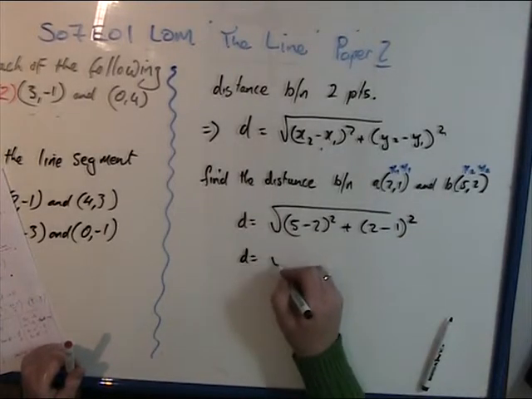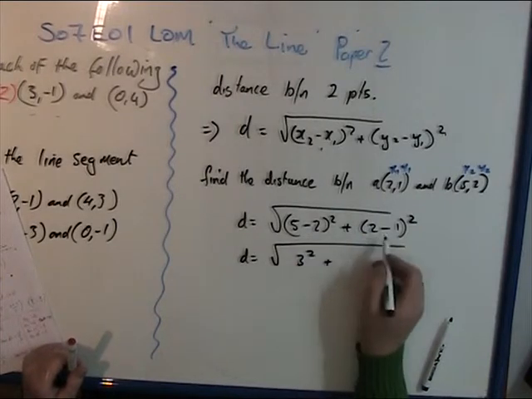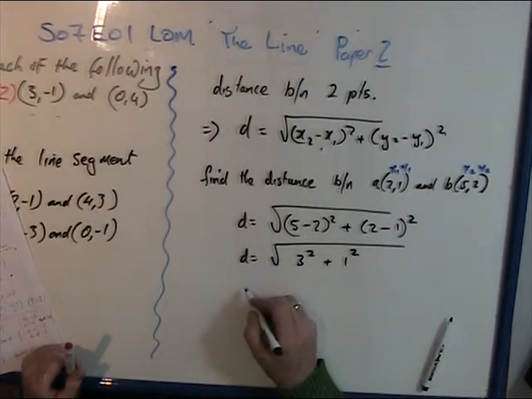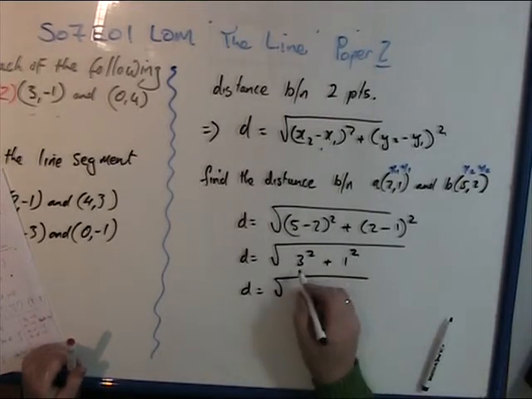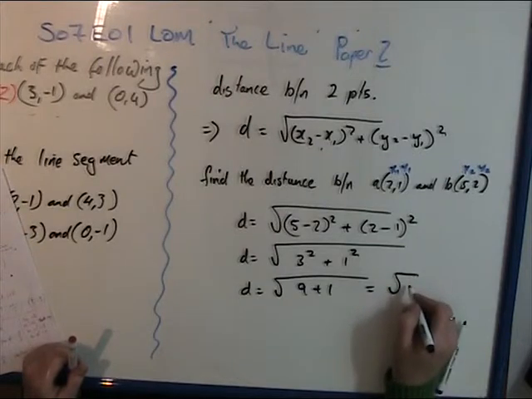D is equal to the square root of 5 minus 2 is 3 squared, 2 minus 1 is 1 squared. 1 squared is equal to 1, 3 squared is equal to 9, 9 plus 1, D is equal to root 10.